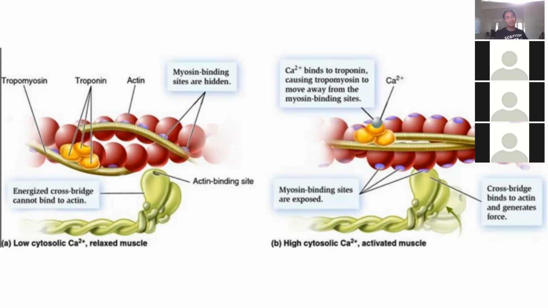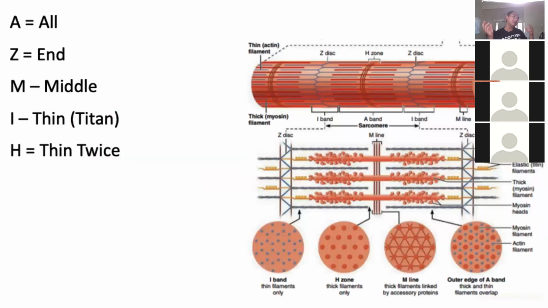So of course, this actin, myosin, titin protein, A line, Z line, M line is too much. Yes, it's too much. That's why these examiners know that we cannot remember these things all the time. That's why these questions come back again and again.